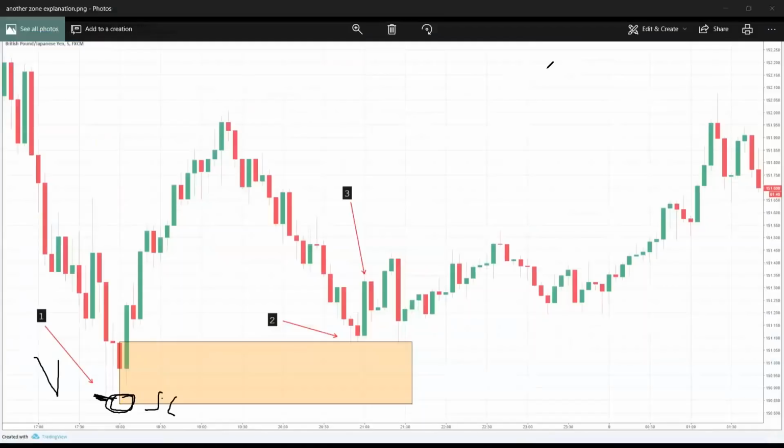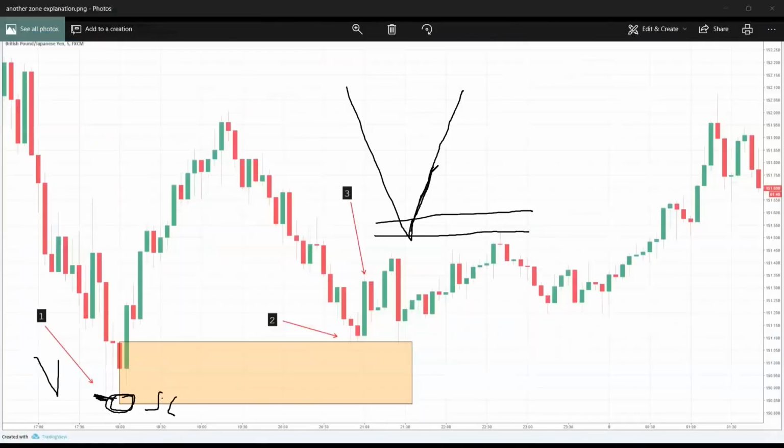Let me draw it real quick for an example of a demand zone. If price was doing this, that's what we're looking for in a zone, right? Now if these candles were moving up, and then all of a sudden one bullish candle does this.